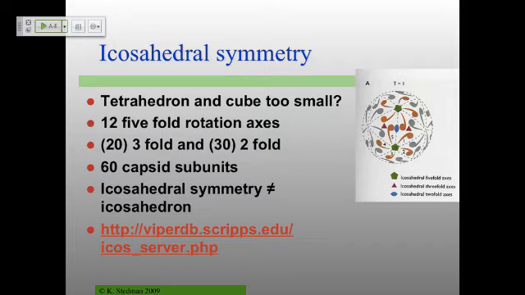So icosahedra, or let's say a particle with icosahedral symmetry, seems to be the way to go. And again, this is what we find in lots and lots of different virions. Again, it's got 5-fold rotation axes, 3-fold, and 2-fold.